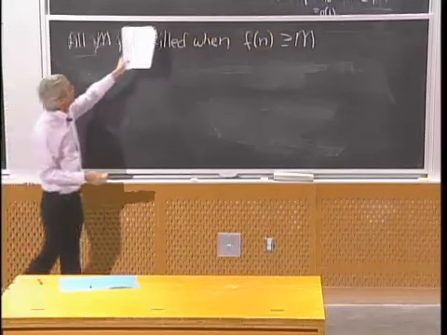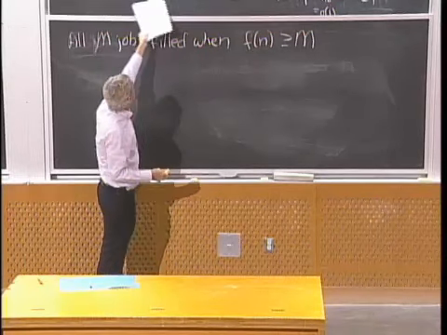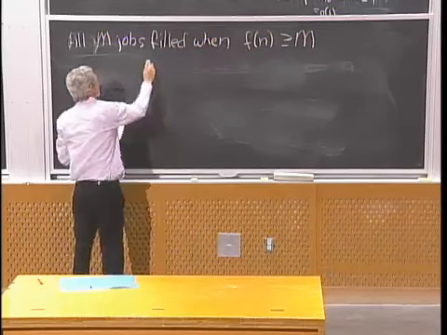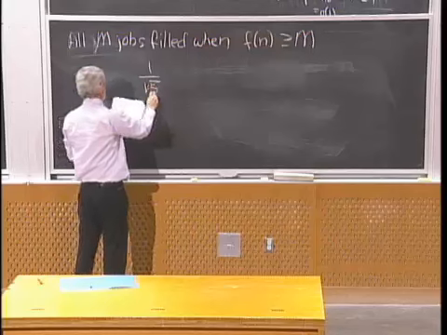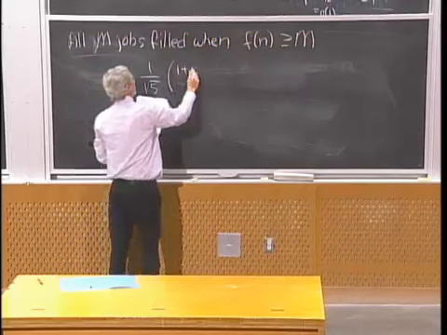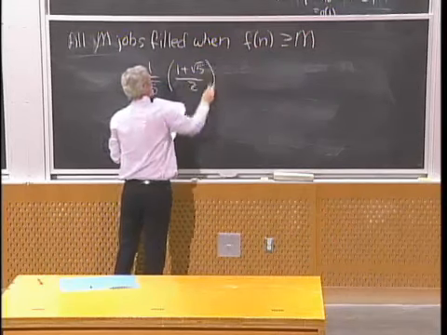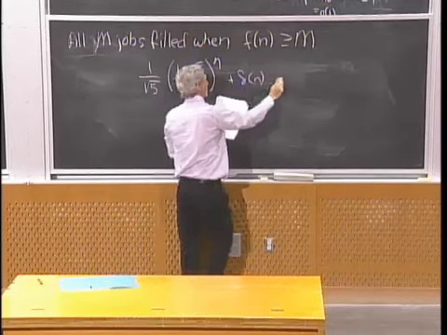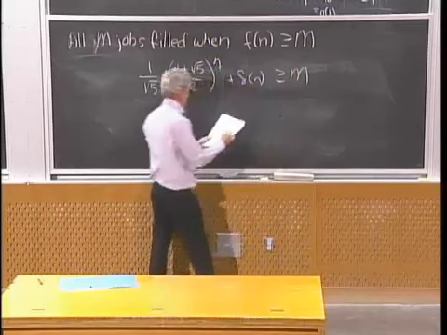And we just showed that F(n) equals this, where that's a tiny thing. So we need to figure out when is 1 over square root of 5 times the golden ratio to the nth power, plus this tiny little thing that doesn't matter, bigger than or equal to m.